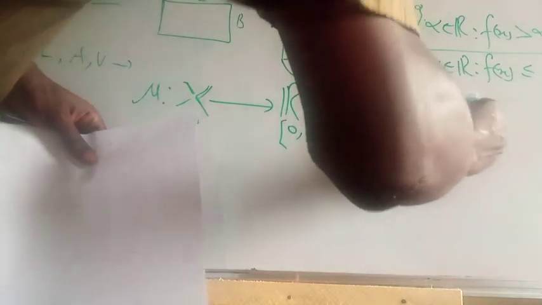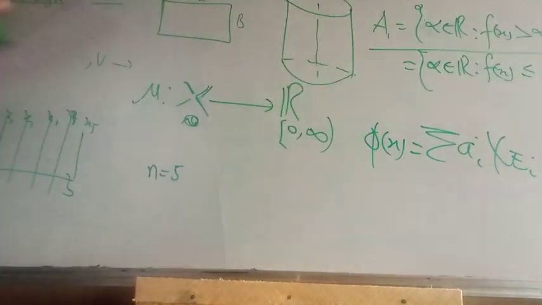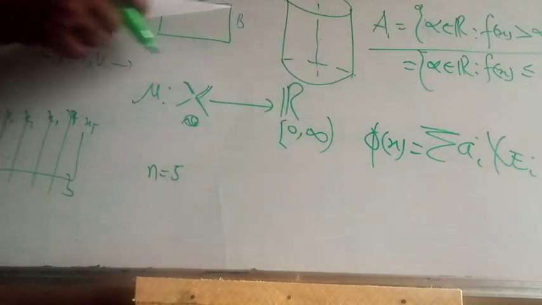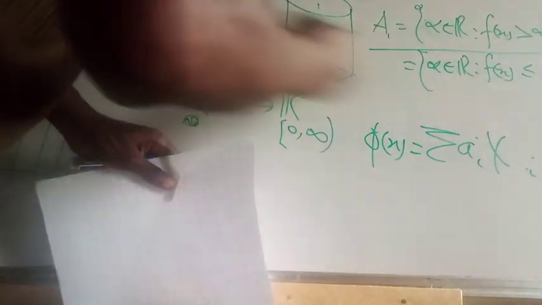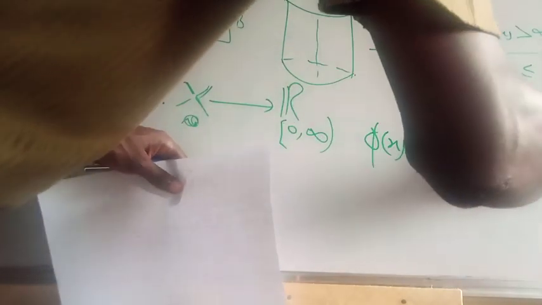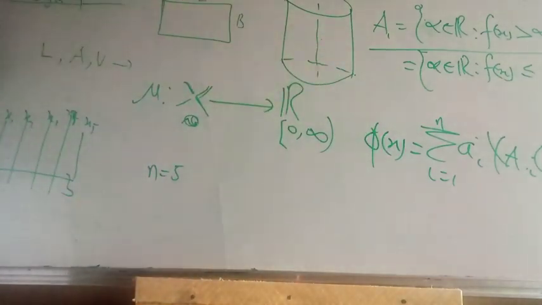This is the generic representation of a simple function. I can use A_i, let me be consistent with the A that I've been using here, of x, where i is moving from 1 to n. That's why we say it is defined on a finite set, and it takes finitely many real values.